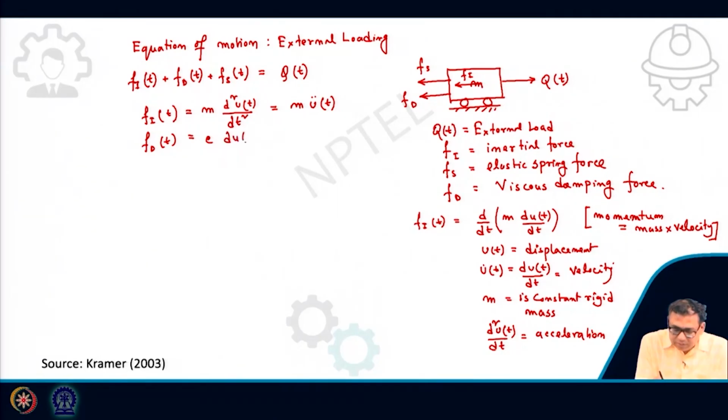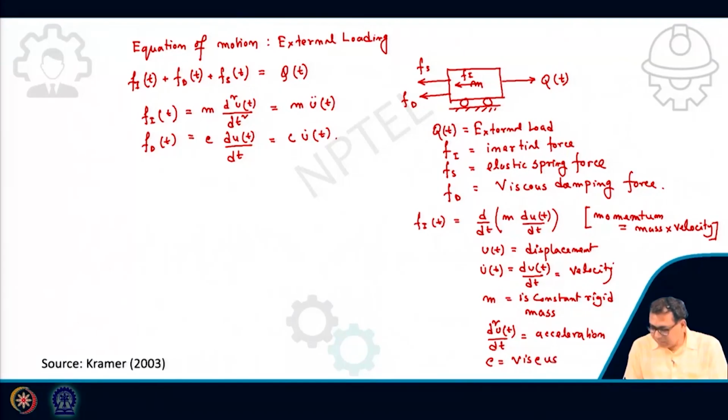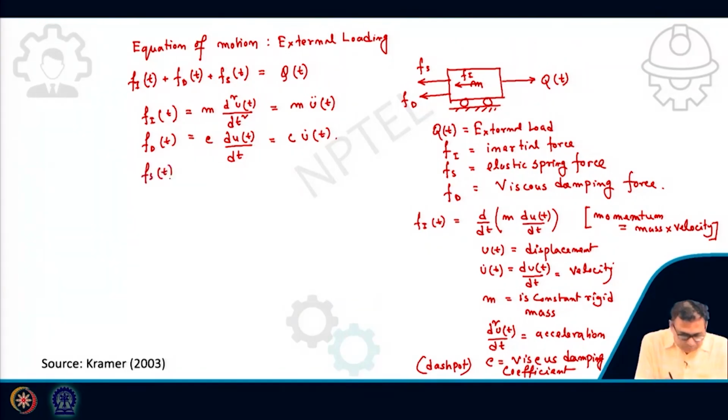Velocity will be du/dt, so that will be equal to c u dot (t), where c is the viscous damping coefficient, and that is for the dashpot. Clear?